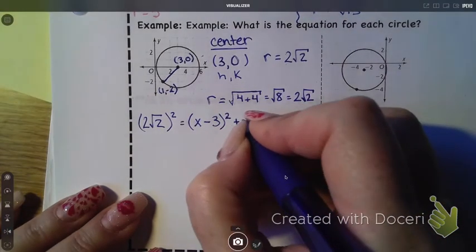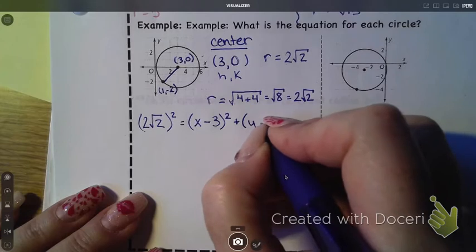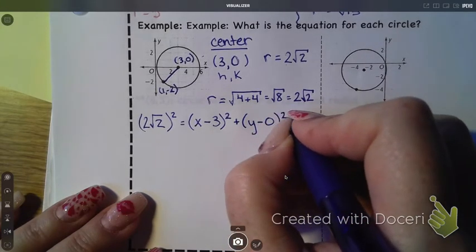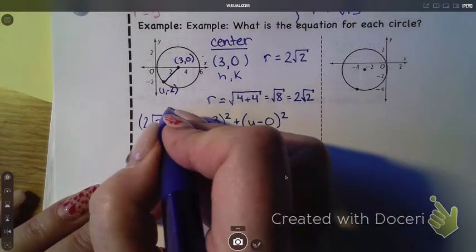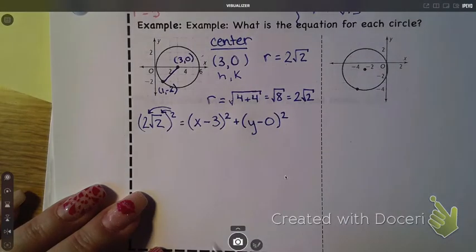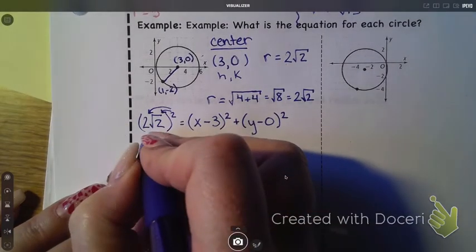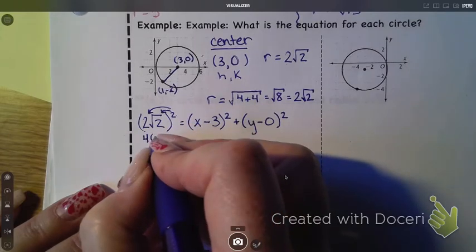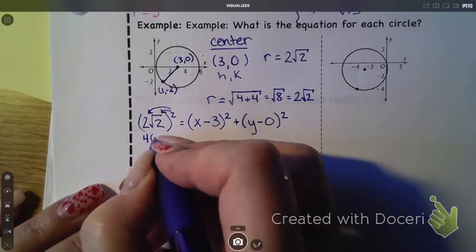Plus y minus 0. Quantity what? Squared. So remember when I square this over here, 2 squared is what? 4. And the square root of 2 squared is? 4. Nope.